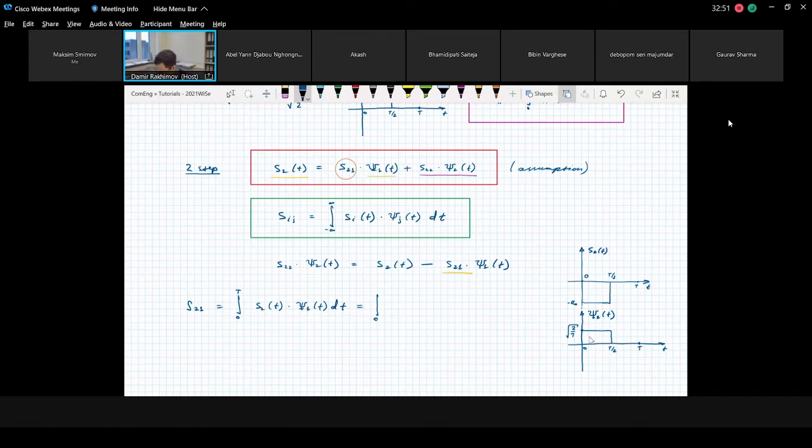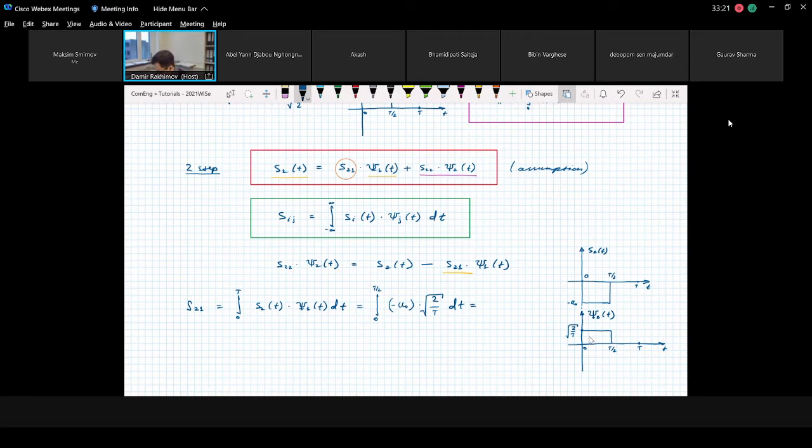Again, we narrow our limits. We make them smaller because starting from T/2 to capital T, we have a 0. Our signal equals 0. We have minus u0, the amplitude of our pulse, times the amplitude of our basis function over time.